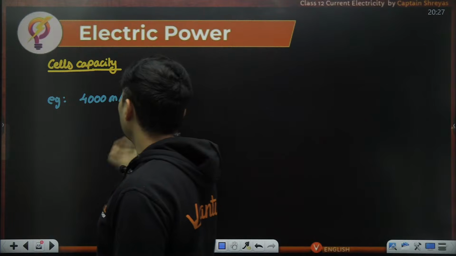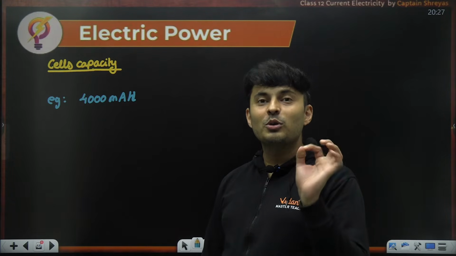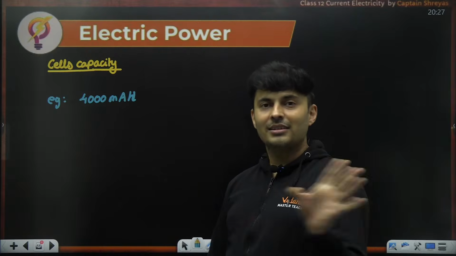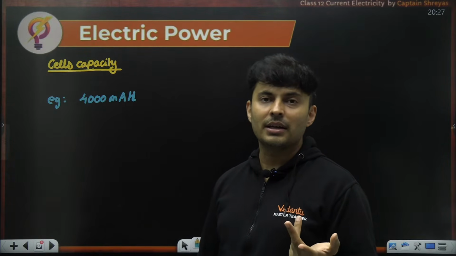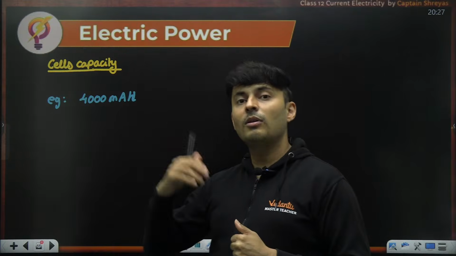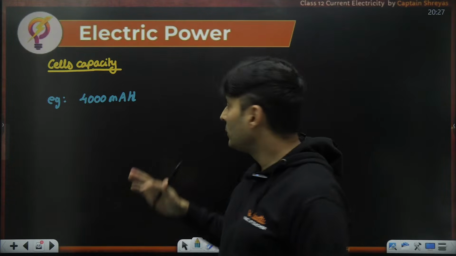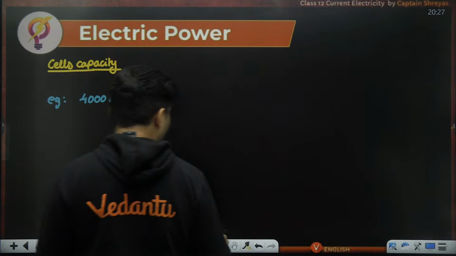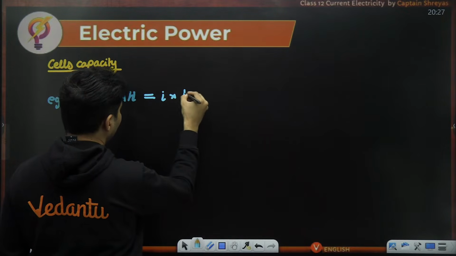So 4000 mAh means for 1 hour, if you use 4000 milliamperes, that will be okay, but beyond that it will not be able to supply. If you draw less current, then it will work for more time. If you draw more current, then it will work for less time. So this is basically the capacity, which can be said to be equal to the current multiplied by the time.